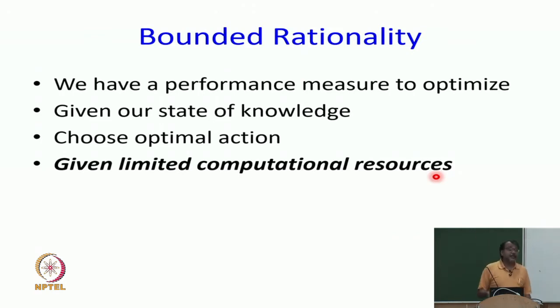Now, given limited computational resources, we are never reaching the optimal in general, right. So, a more intelligent system would be one which gets to a better performance compared to the other one, right. And that is why we will have rankings of AI systems. It is no different from the chess rankings.